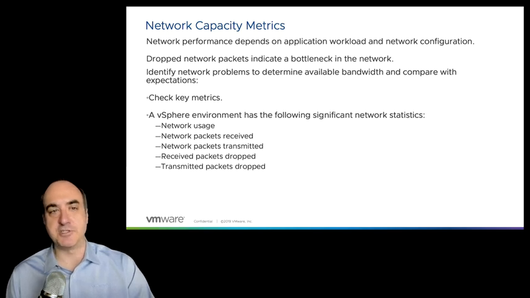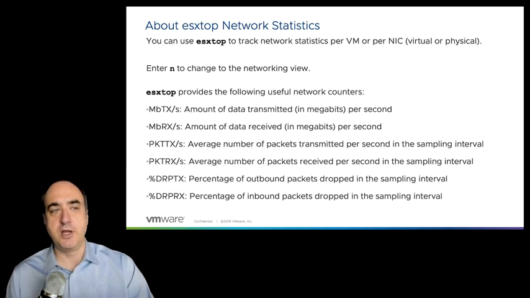Completely different scenarios here. Opening up ESX Top and selecting the letter N will take you to the networking screen. The networking screen comes with almost all the parameters, all the different columns that you'd want, pretty much as part of the default screen. However, there is a variety of different counters. The data transmits, that's the megabits, MbTX and MbRX. You can measure your megabits transmitted and received both from a virtual NIC and from a physical NIC.